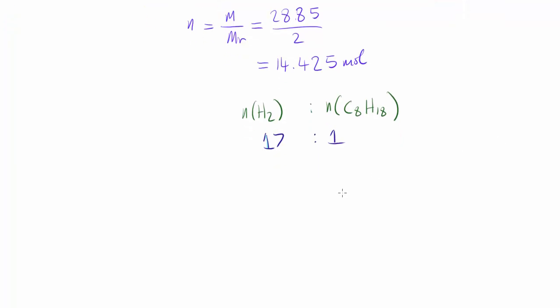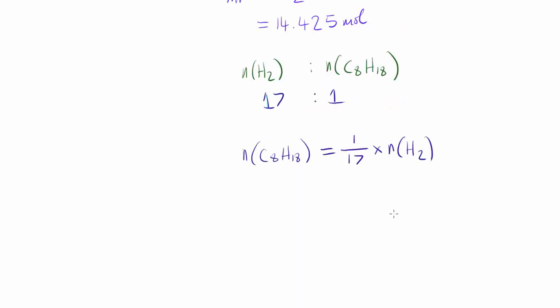And therefore what this effectively means is that the moles of C₈H₁₈, if we're trying to figure that out from the moles of H2, is going to be equal to 1/17 times the moles of H2. And so we actually have that value, right?